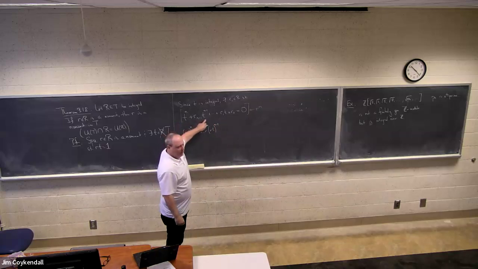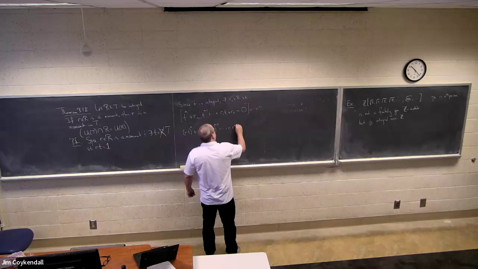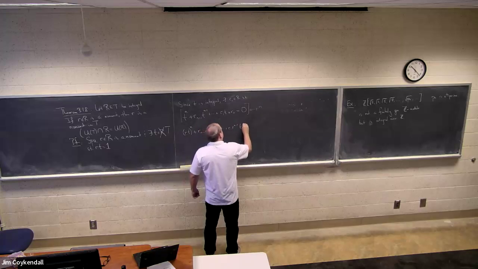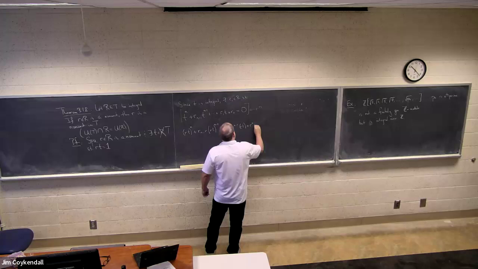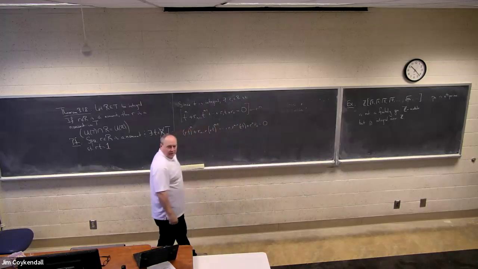Only need n minus one powers there. Plus r_1 r^{n-1}(rt) plus r^n r_0. It's equal to 0. Right?